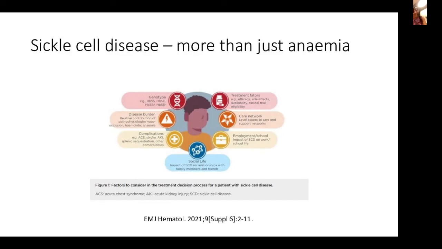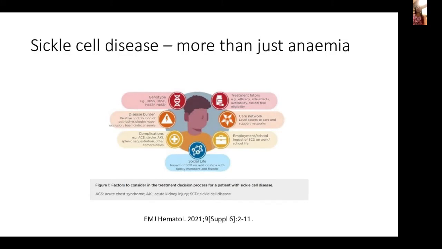We've got a bit of normal adult hemoglobin, and hemoglobin SC tends to be milder, with the exception of retinopathy symptoms. So generally, HBSS or HBS beta 0 are the worst in terms of clinical symptoms.